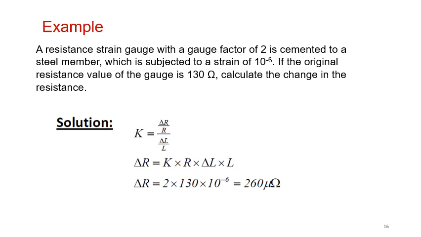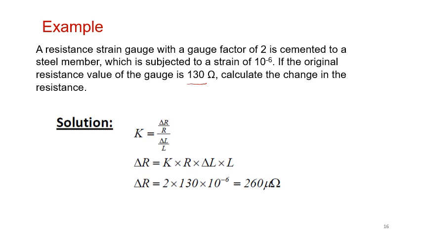Another example here. A resistance strain gauge with a gauge factor of 2 is cemented to a steel member which is subjected to a strain of 10 to the power minus 6. If the original resistance is 130 ohm, calculate the change in the resistance.